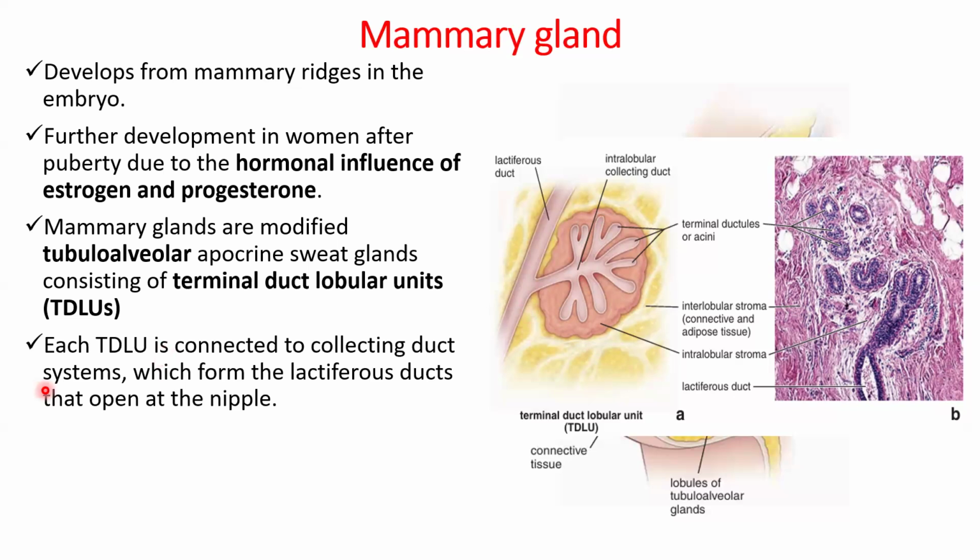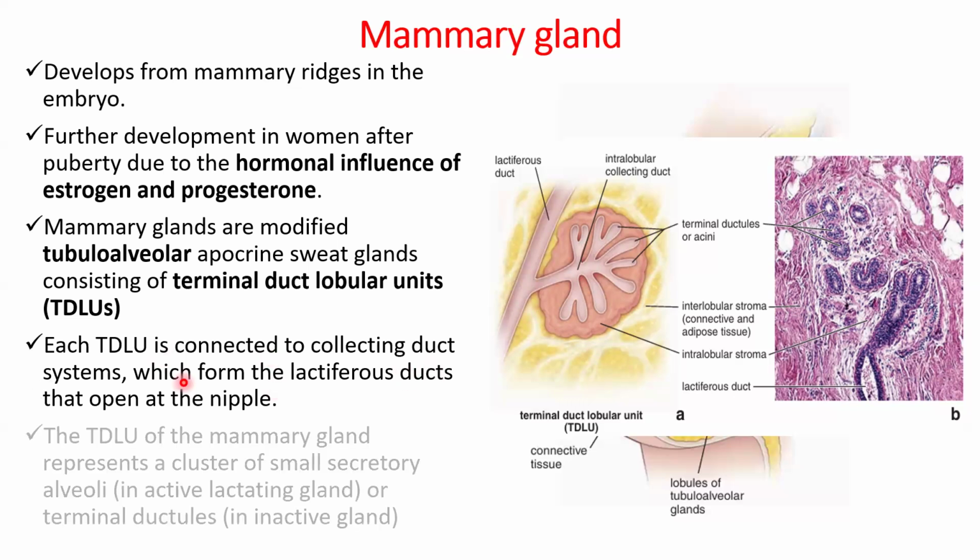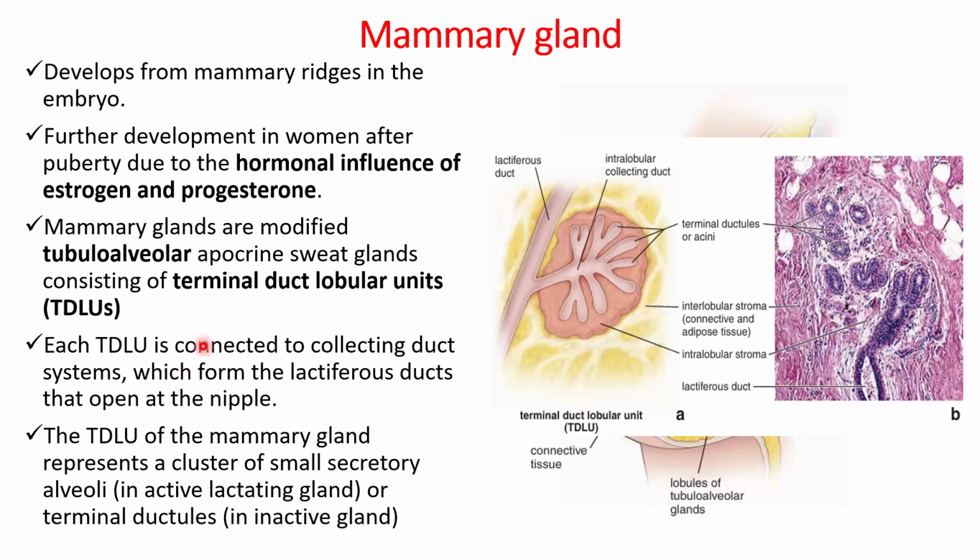Each terminal duct lobular unit is connected to collecting duct systems, which form the lactiferous ducts that open into the nipple. These terminal duct lobular units of the mammary gland represent clusters of small secretory alveoli that are inactive in non-lactating glands, and the terminal ductules are acted upon by various hormones, such as progesterone and estrogen.